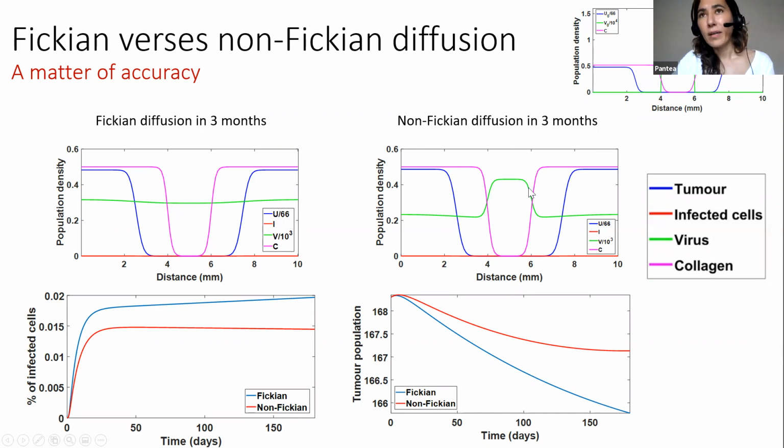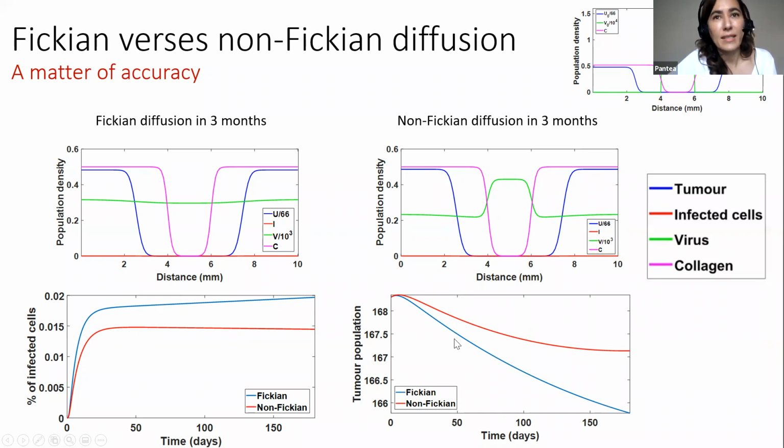The non-Fickian virus is still concentrated, the majority of it, in the well. There's a little bit on the outsides, but that's because this collagen well is not completely full. And so what we see is that for the percentage of infected cells, the Fickian case considers that there's a higher amount of infection compared to the non-Fickian, and vice versa for the tumor population.